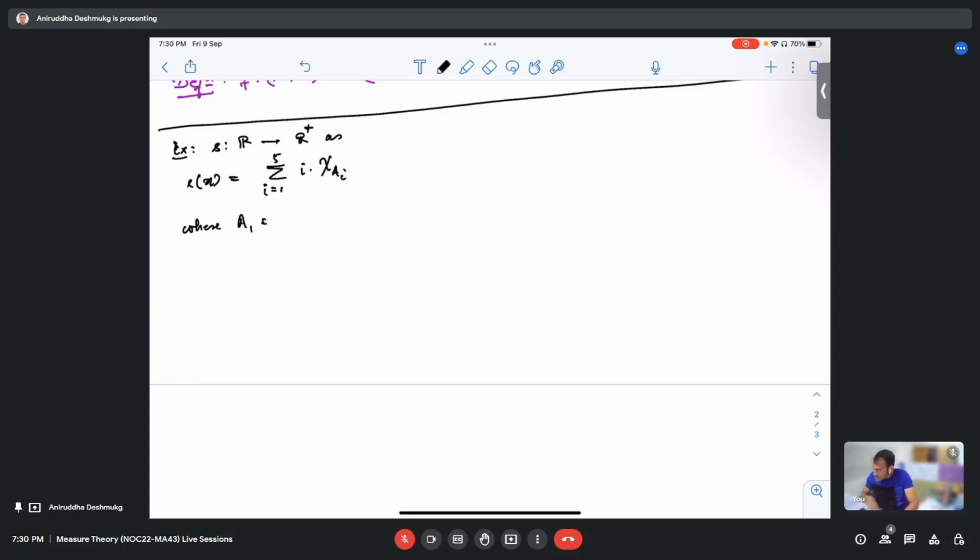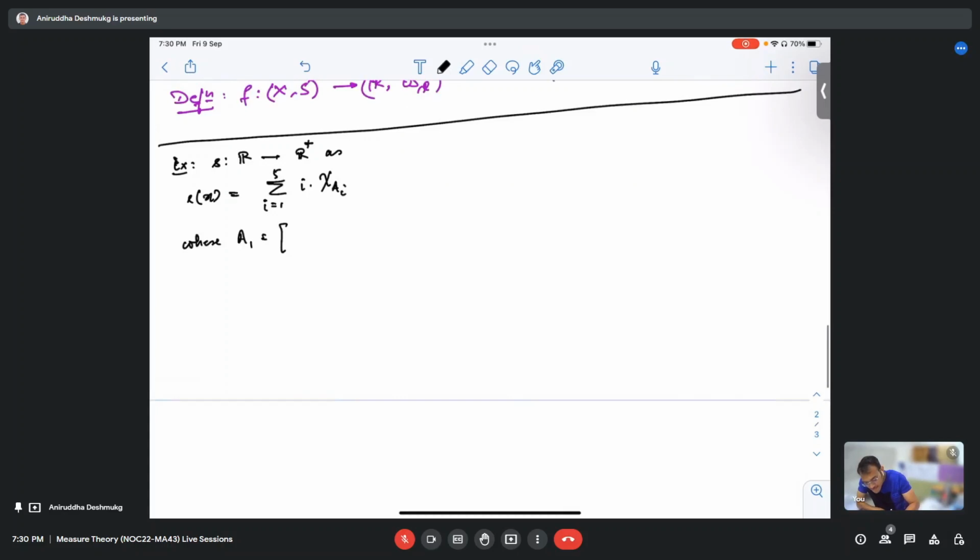A1 is minus 1 to 3 by 2, A2 is 0 to 1, A3 is half to 2, A4 is 3 to 5, and A5 is 4 to infinity.